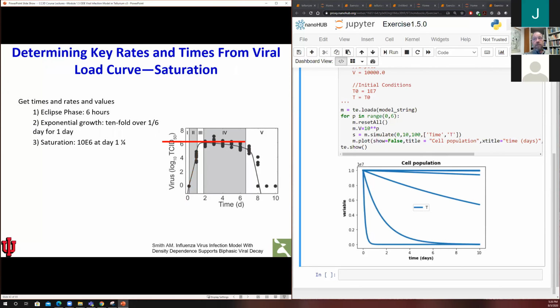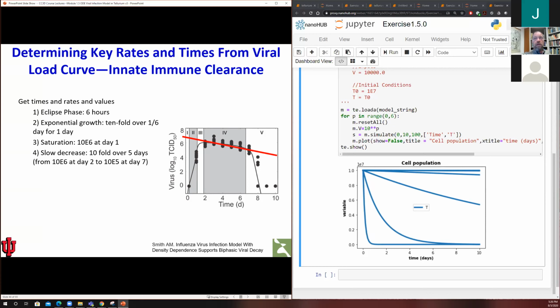The next thing that happens is saturation. That's the maximal viral load. In our case, that happens around day 2, day 1.5 to day 2. And the saturation is at 10 to the 6th, 1,000,000 times more virus than we started with. Got that? Then over the next 5 days, the amount of virus goes down by a factor of 10.